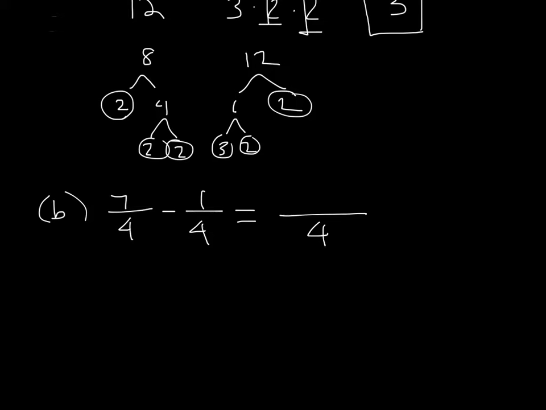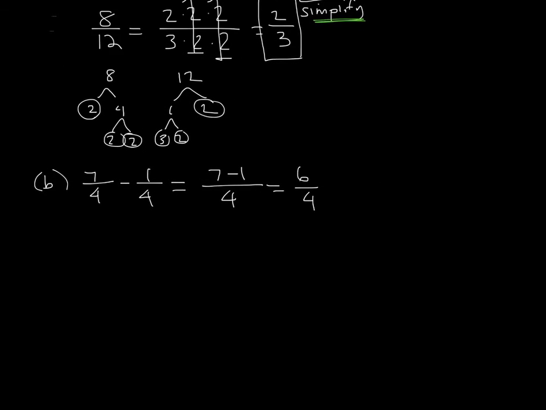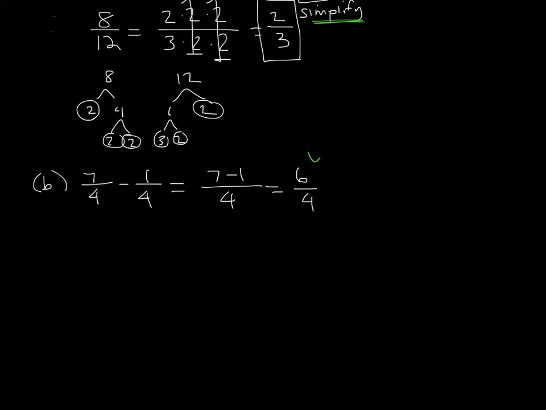And so I have a 4, so I know I can say 7 minus 1, and I get 6/4. But again, I can reduce this. You can't reduce all the time, but you have to ask yourself, can I simplify? Can I make it look simpler?